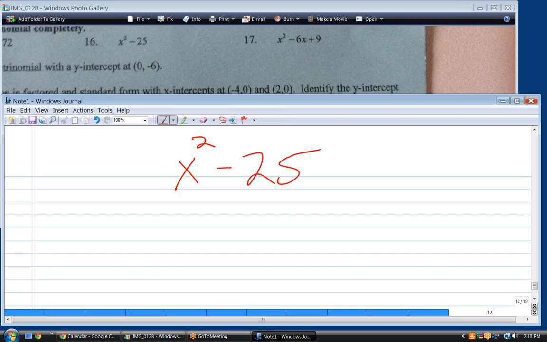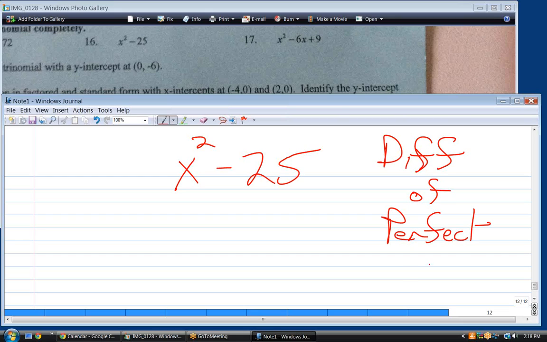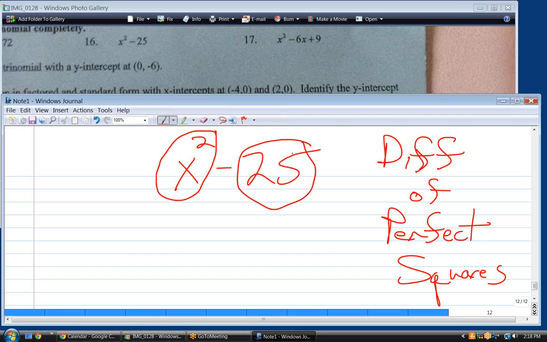Well, whenever you see this, think one thing, and that is something called the difference of what? This is called the difference of perfect squares because that is a perfect square, that is a perfect square, and I'm taking the difference of them.